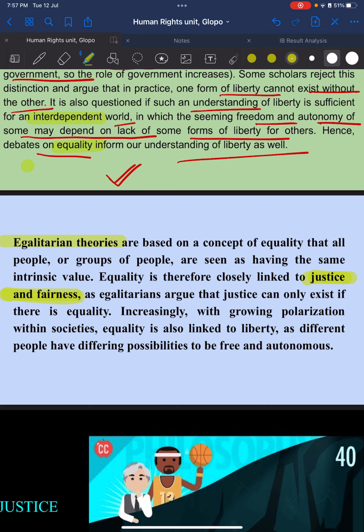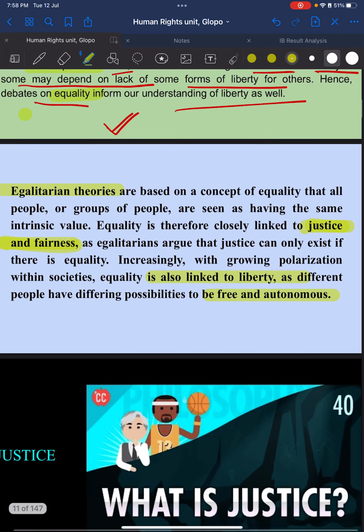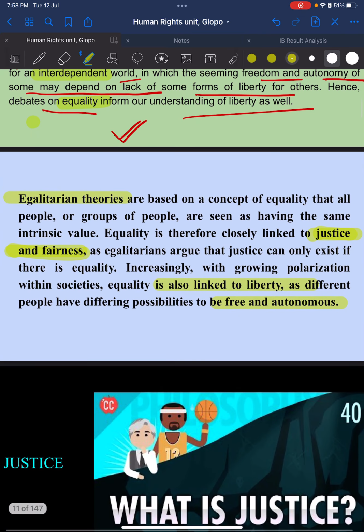As egalitarians argue that justice can only exist if there is equality. Increasingly, with growing polarization within societies, equality is also linked to liberty, as different people have differing possibilities to be free and autonomous. Now, this is about equality.